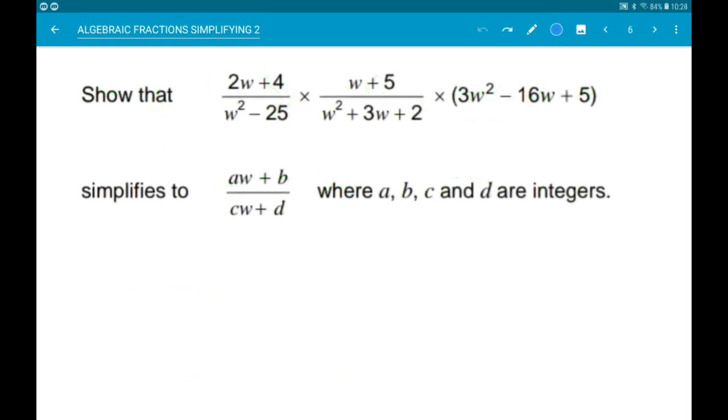Okay, next up we have a nice 6 marker, which bizarrely is much easier than our last one.